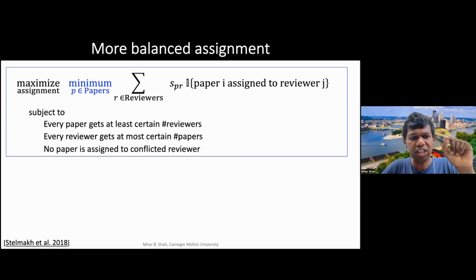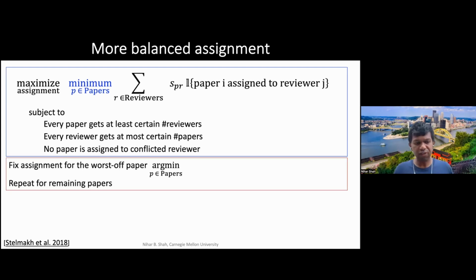Instead of a sum over all papers, this considers the minimum over all papers. So you find the assignment such that the worst-off paper has as good reviewers as possible.